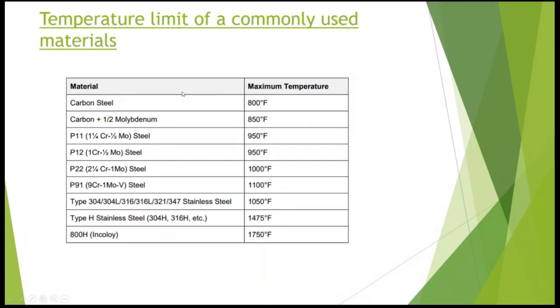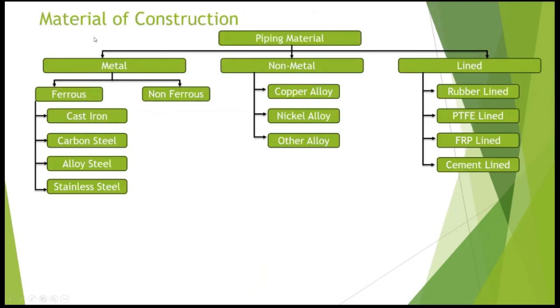I have to come to this slide later on. So in general, if you want to see the materials of construction used in piping, the main three categories are metallic pipe, non-metallic pipe, and lined pipe.